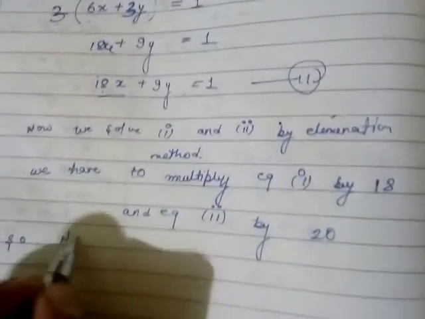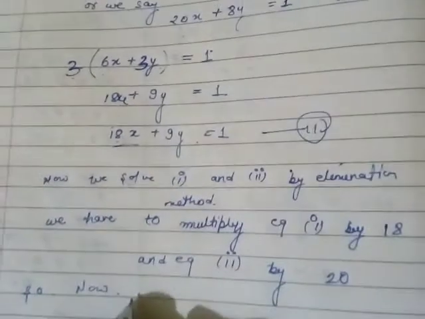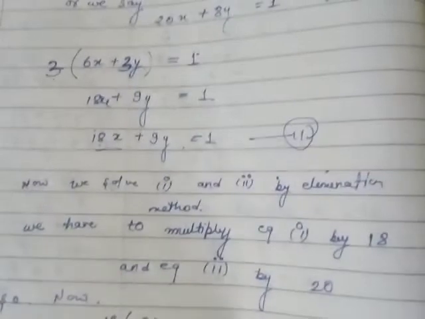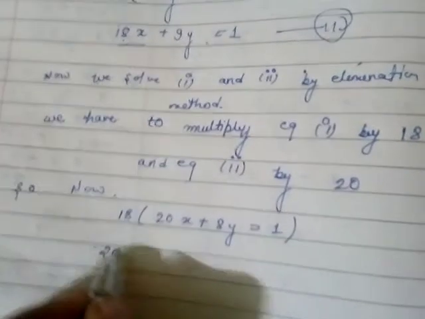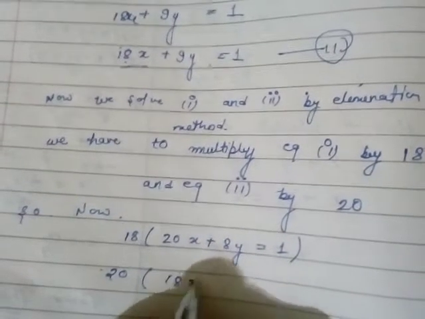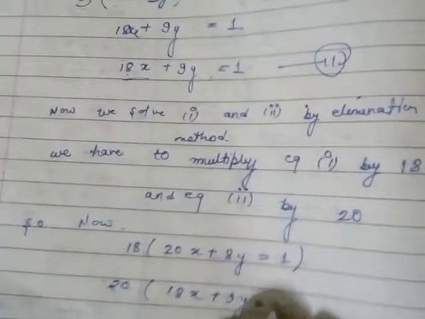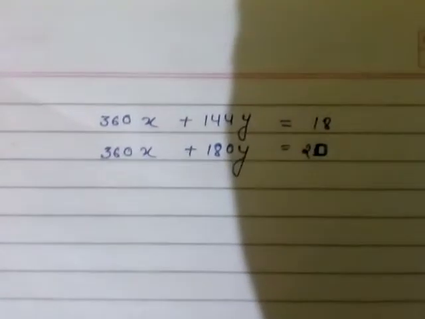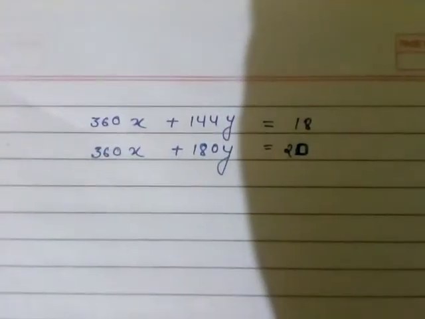Multiplying 18 with 20x plus 8y equal to 1, and 20 with 18x plus 9y equal to 1, we get two equations. Then we have to subtract them.